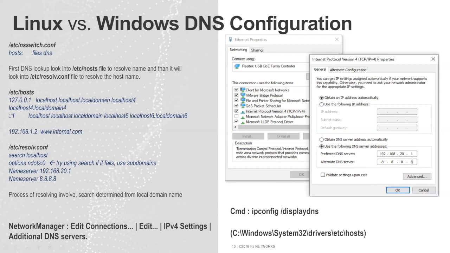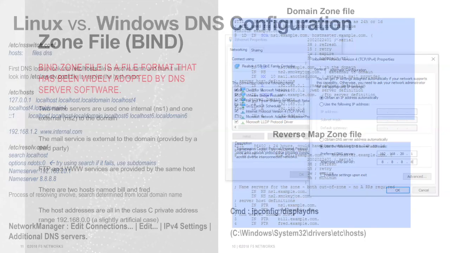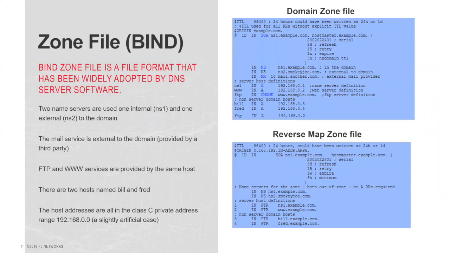Under CMD, you can view your configuration of DNS server through ipconfig /displaydns. When we talk about a system managing DNS zones, it must have a zone file in the format adopted by BIND.